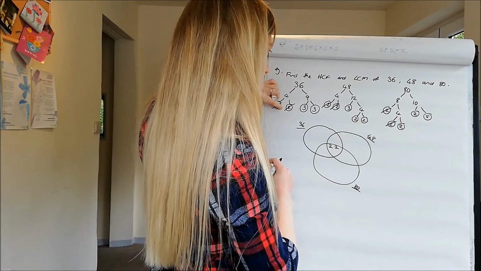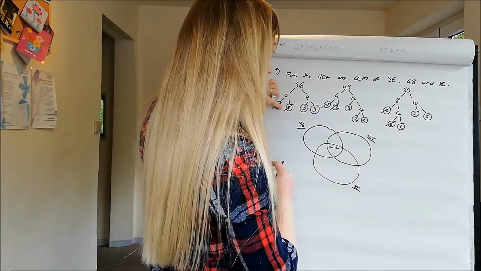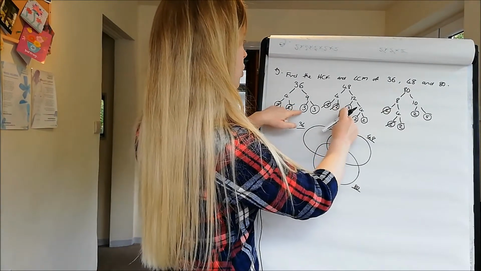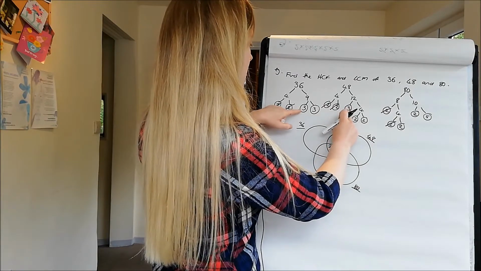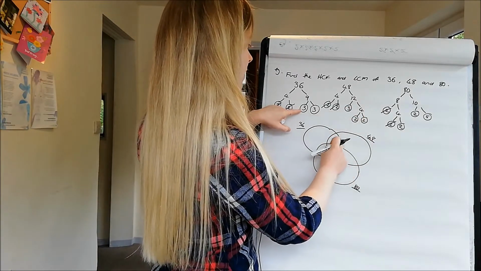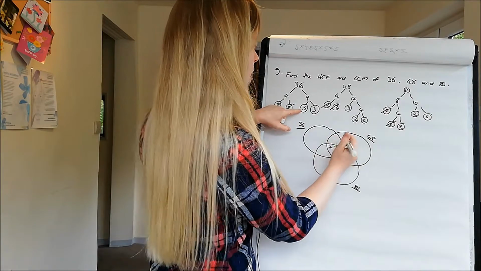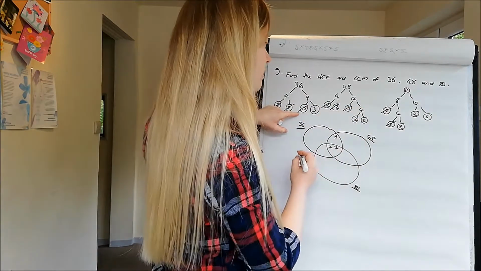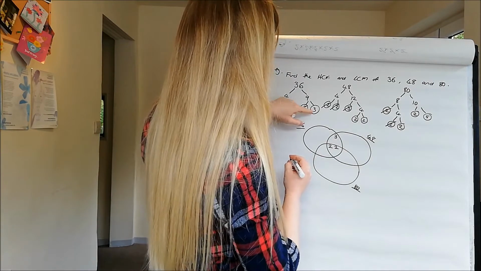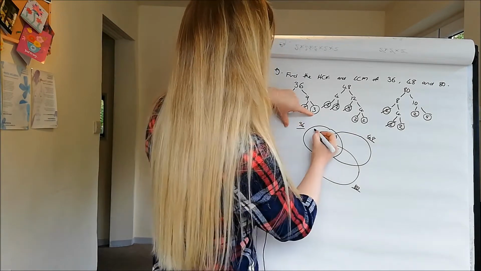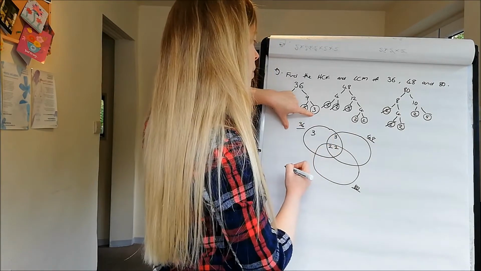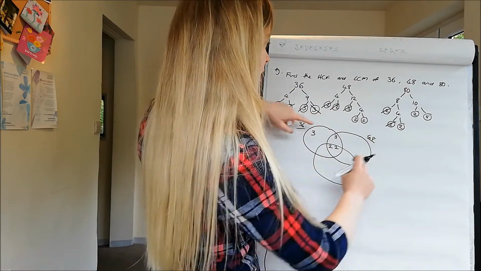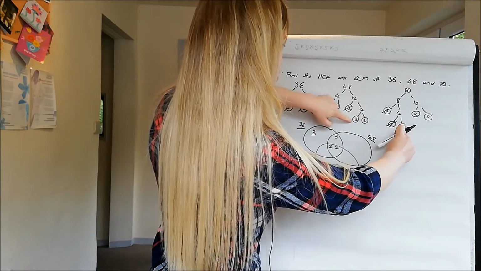They don't all have anything else in common, but 36 and 48 both have a 3. So between the 36 and 48, where they interlock, I'll put a 3 and I'll cross it off their bits. Then 36 has a spare 3 that nothing else shares, so I'll put that there. 48 and 80 both have another 2.